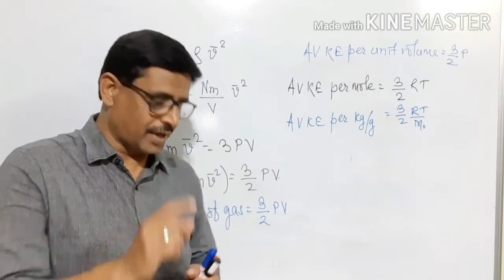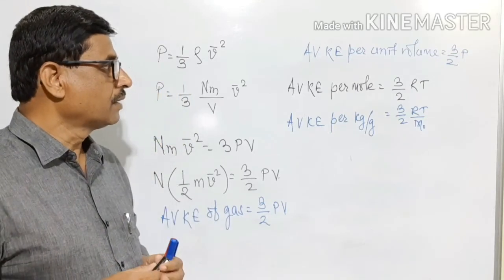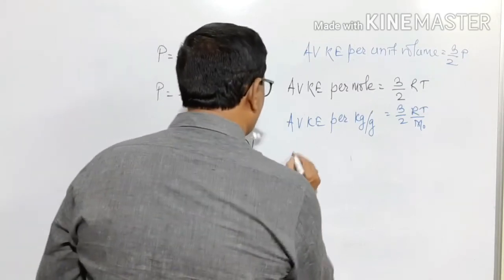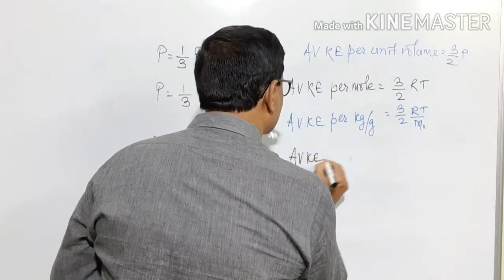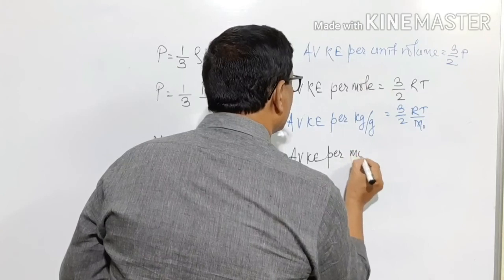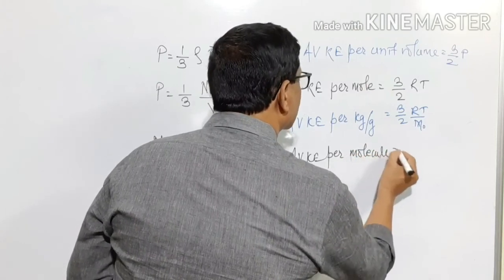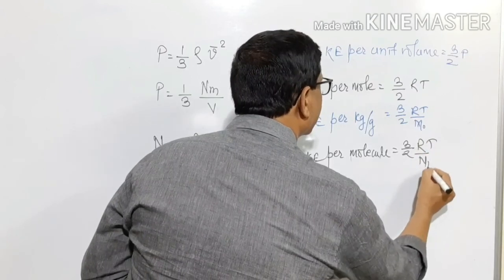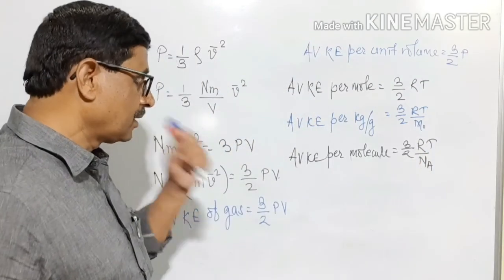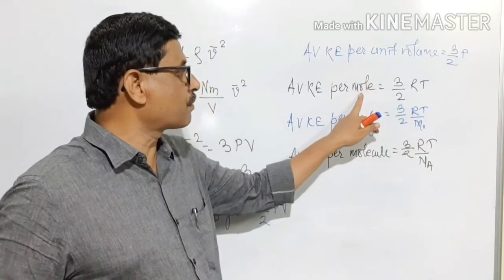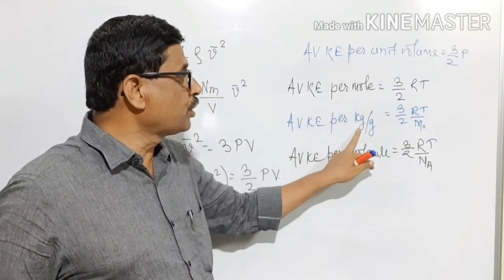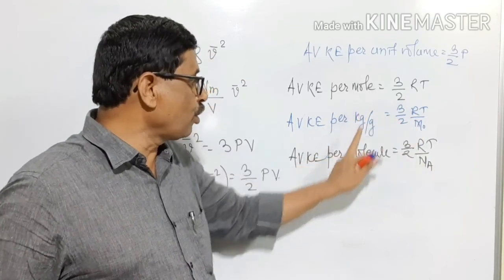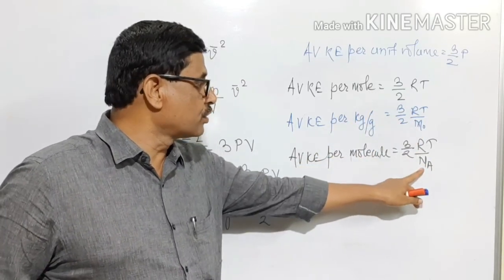In 1 mole of a gas, the number of molecules present are Avogadro's number. Therefore, average kinetic energy per molecule is equal to 3 by 2 RT divided by Na. This 3 by 2 RT is per mole. In 1 mole, m0 is the mass of gas. And in 1 mole, Na number of molecules are there.